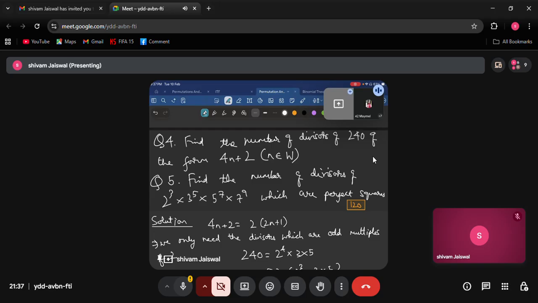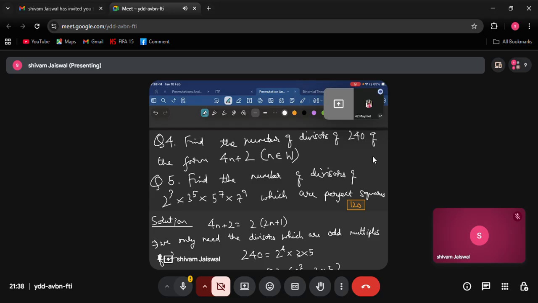0, 2, 4, 6. Sir, the exponents. Okay, I understood. So why didn't you consider 1, 3, 5? You considered 0, 2, 4, 6. There should be a reason, right?